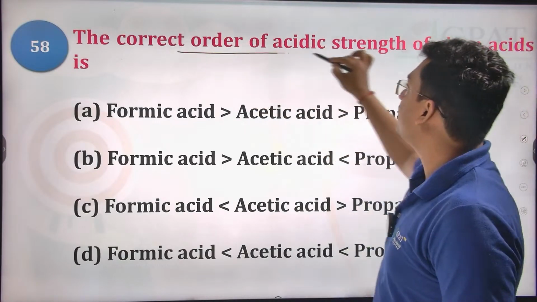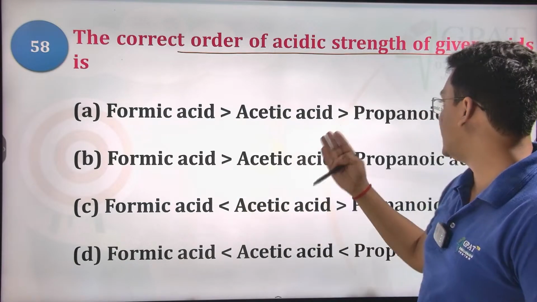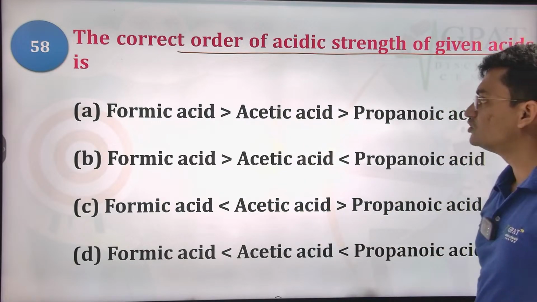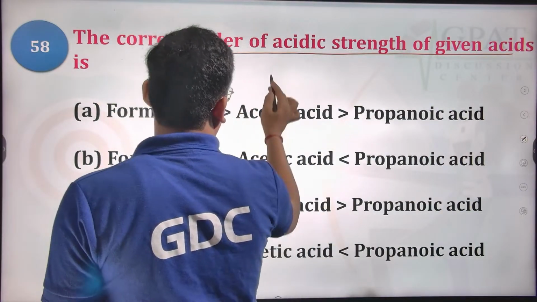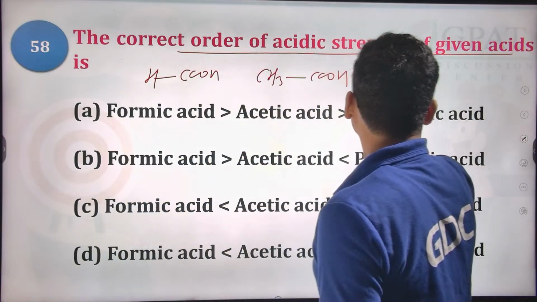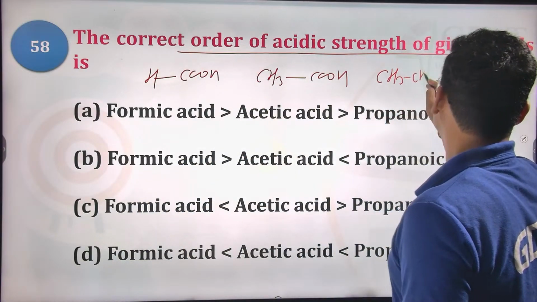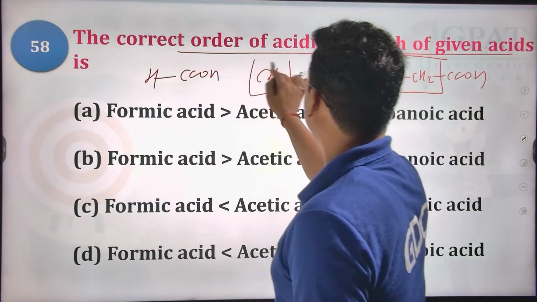The correct order of acidic strength of the given acids: we are having formic acid, acetic acid, and propanoic acid. For formic acid, we are having HCOOH. For acetic acid, we are having CH3COOH. And for propanoic acid, we are having CH3CH2COOH. Again, we are looking at the plus I nature.